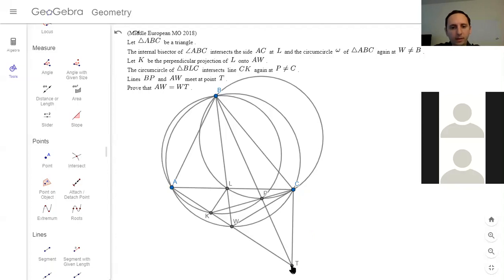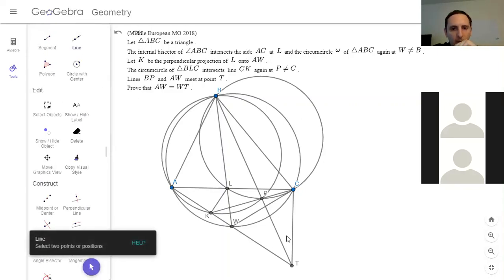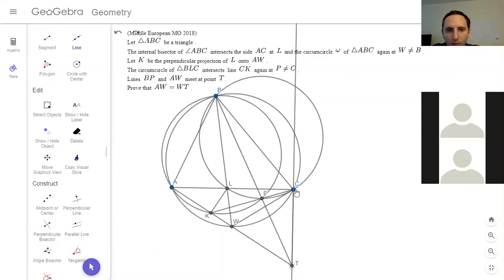I almost want to redefine T, or call T prime the intersection of the perpendicular here and AW, and then show that T prime lies on the radical axis. Let me try something.